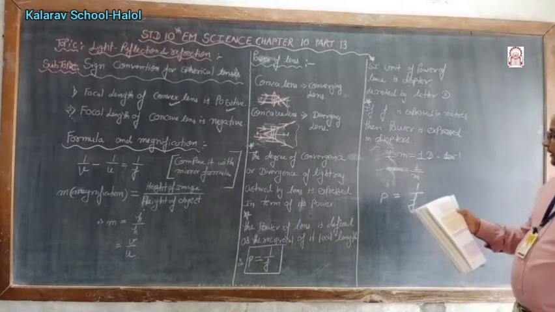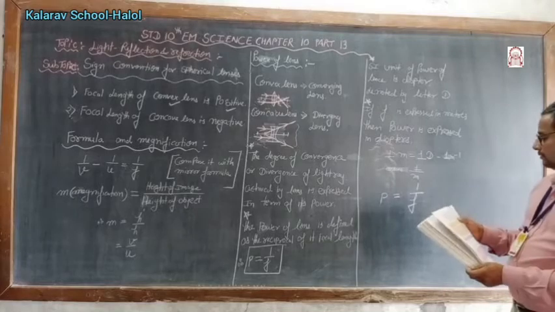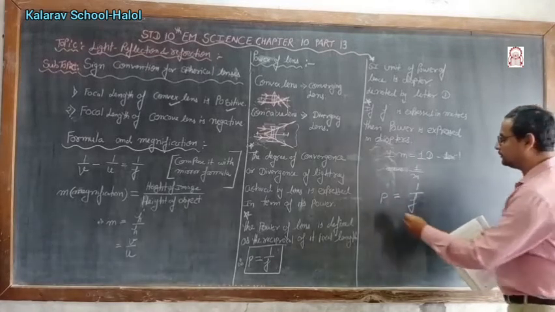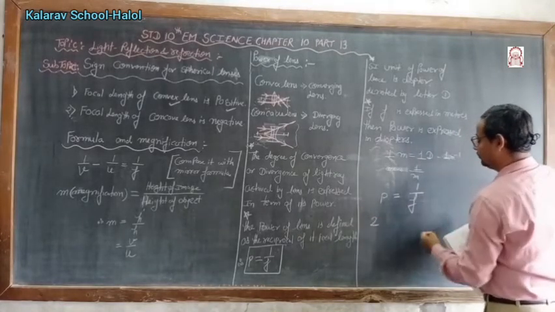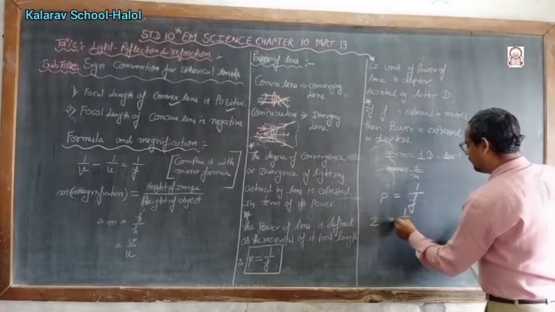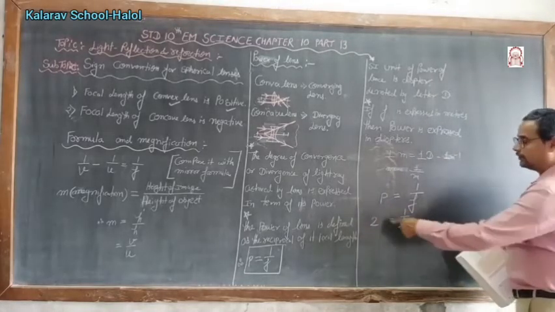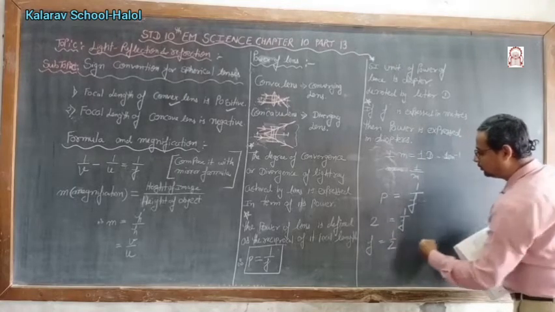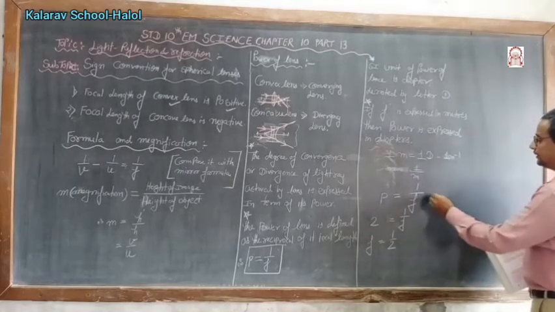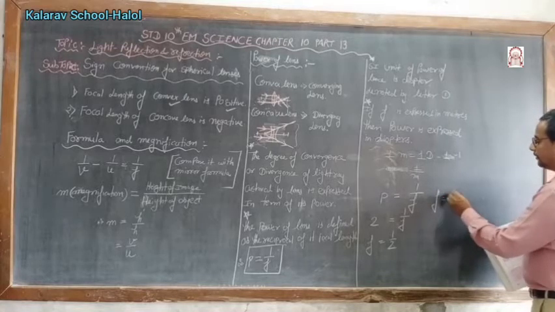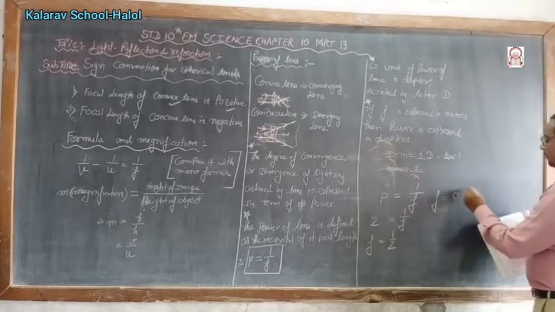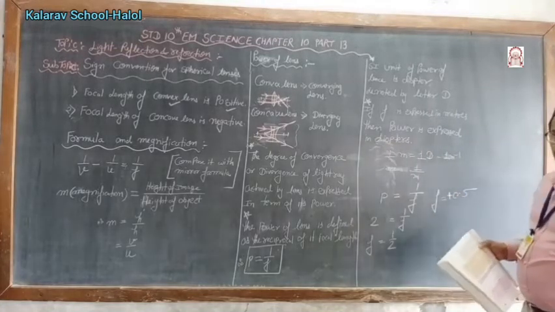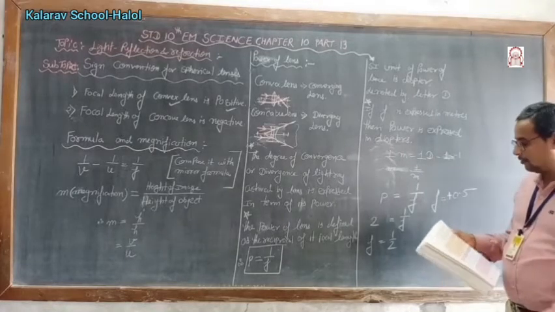How much power is given? Power is given as 2, equal to 1 upon F. If you cross multiply, then F equal to 1 upon 2. Now if you divide this, then F equal to 0.5. Did you get this? Did you understand?